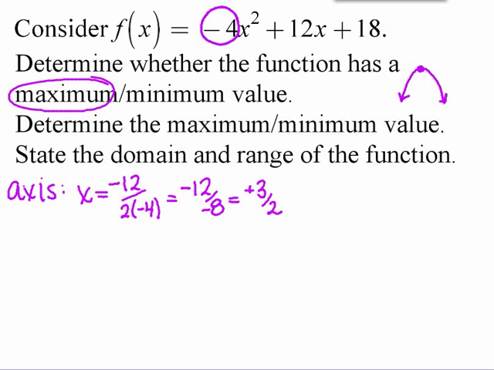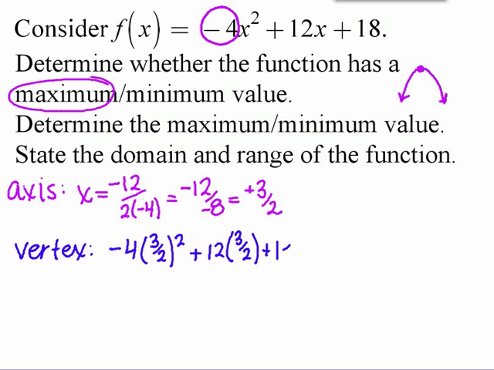So now we need to find our vertex. To find our vertex, I'm going to go ahead and plug in 3/2 into the main problem. So negative 4 times 3/2 squared plus 12 times 3/2 plus 18.